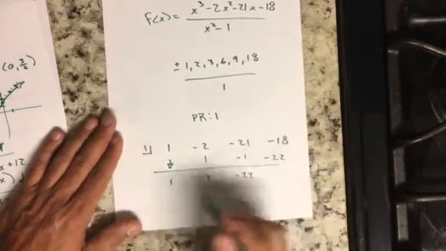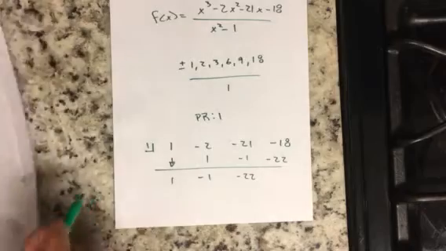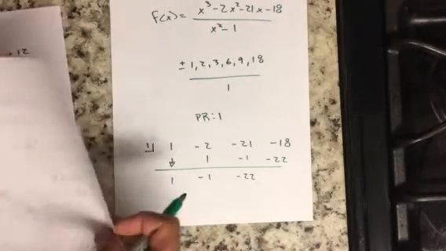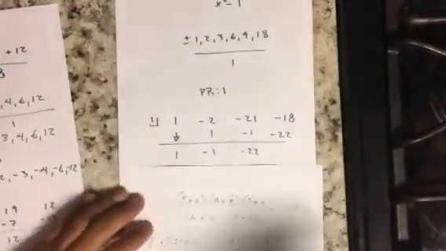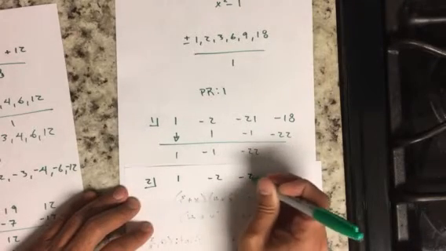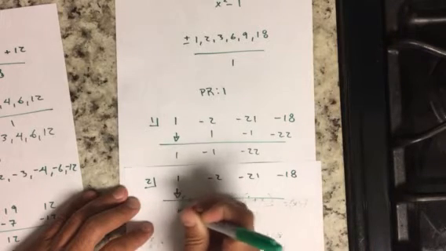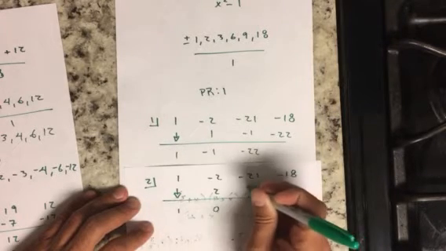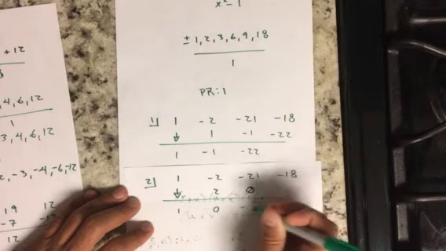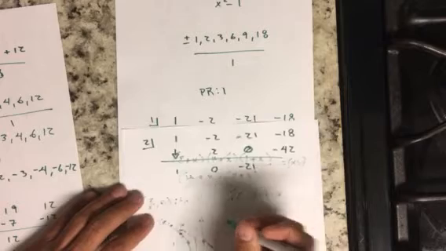Feel like that didn't work. Try the next one. I'm going to write on the back of this. Try 2. First one comes down, multiply, multiply. Did not work. Try the next one.